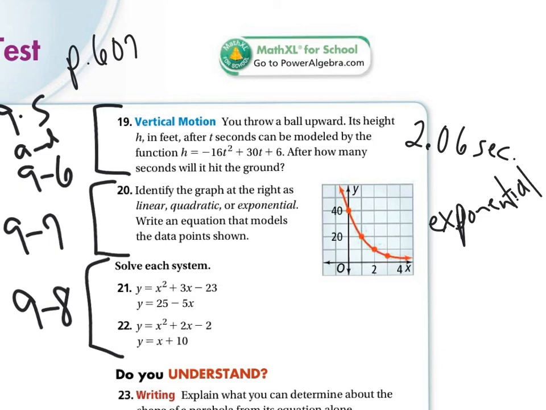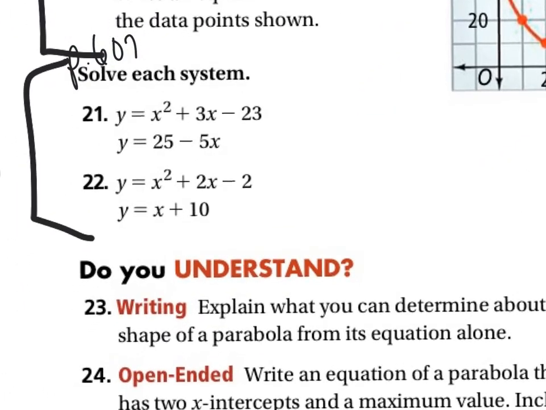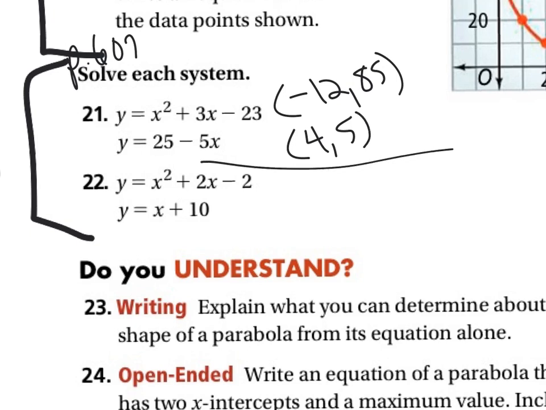I'm not going to require you to find the equation for that, but if you're curious, it would be y equals 40 times 5/10 to the x. 21 is -1285 and 4/5. And 22 is -4/6 and 3/13.